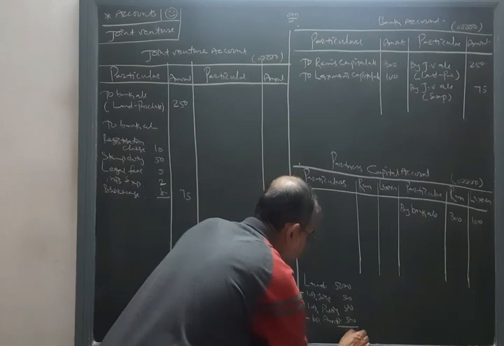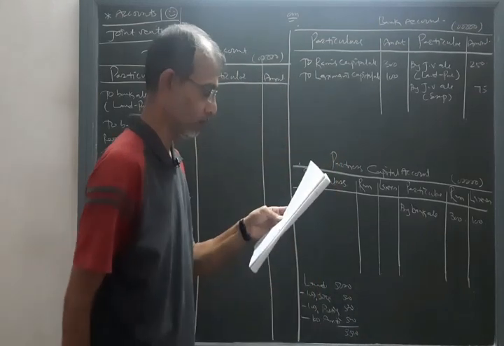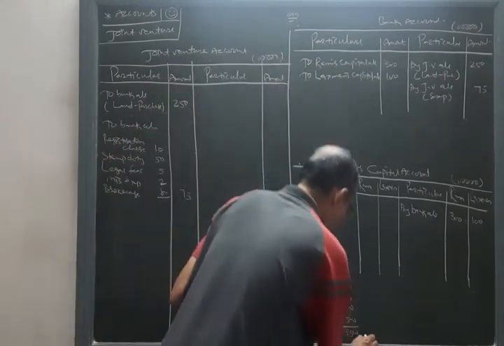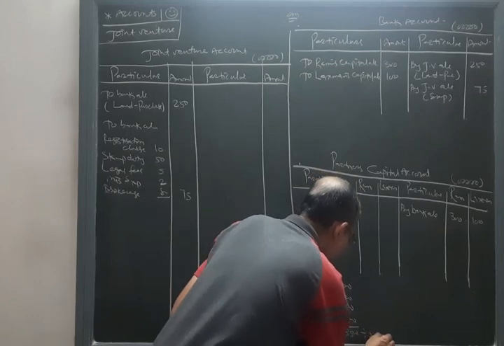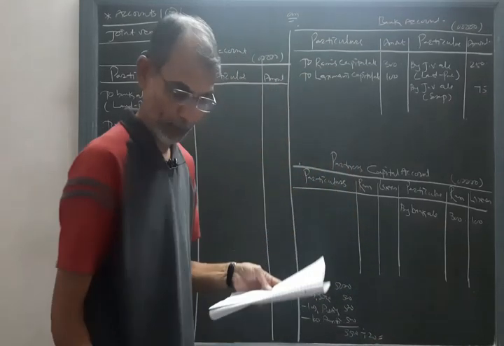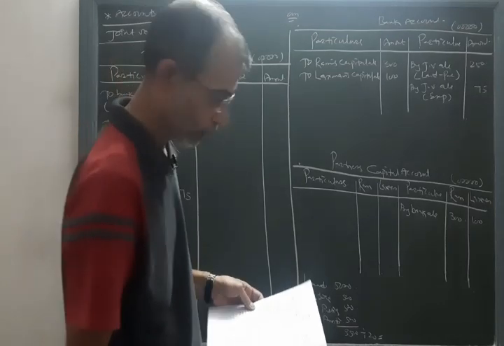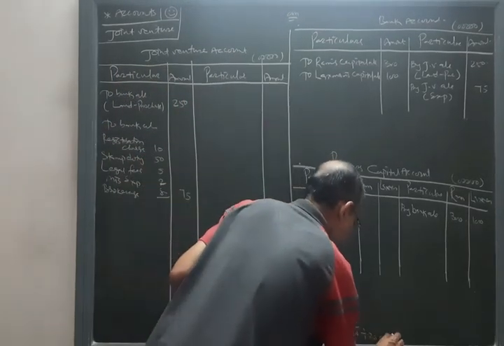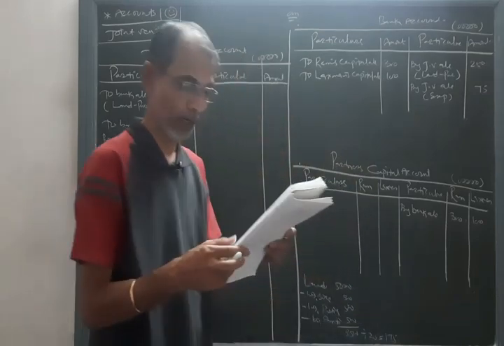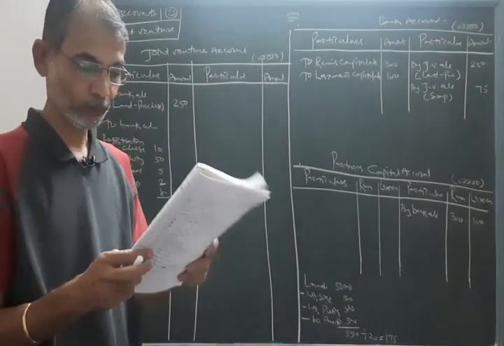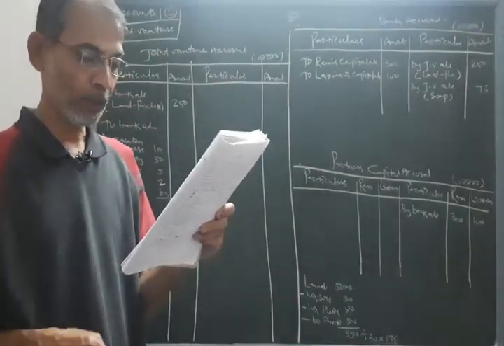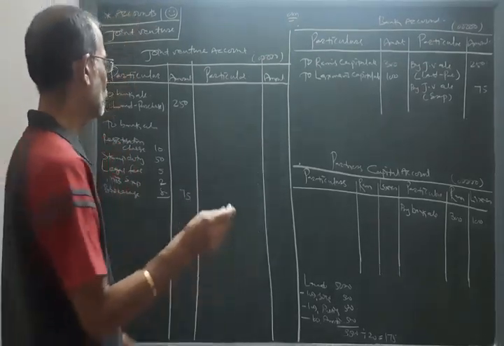So remains 3,500 square meters. Divided by 20 plots prepared, each plot of 175 square meters.